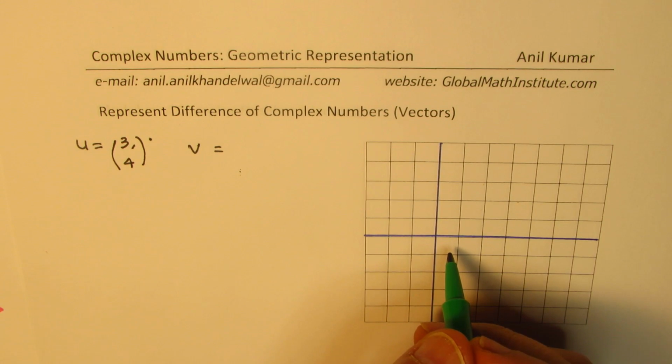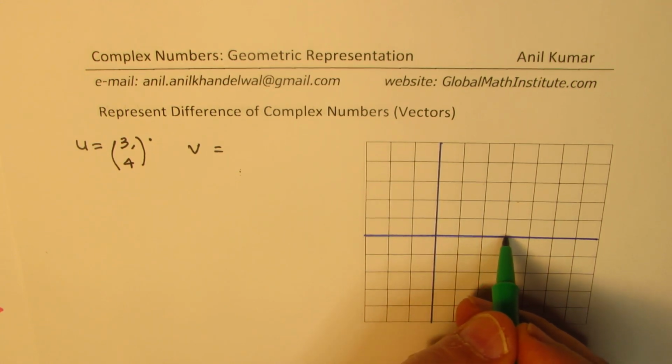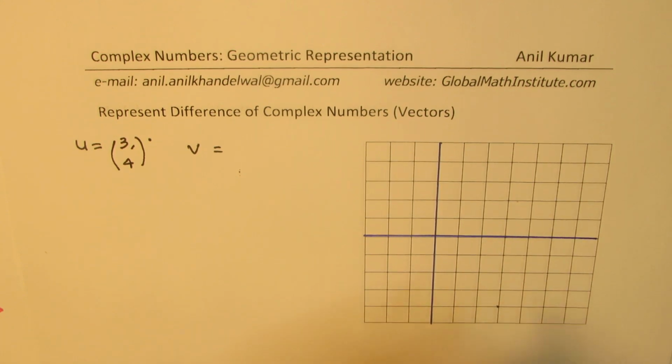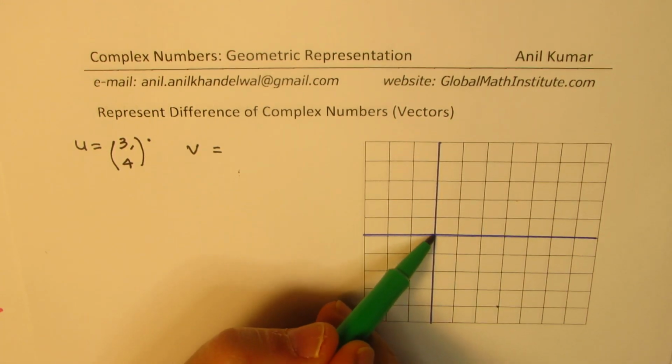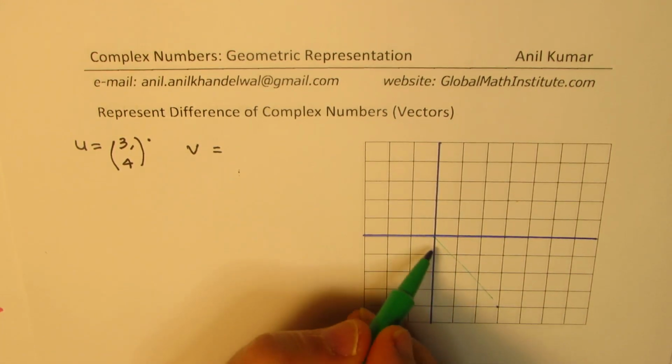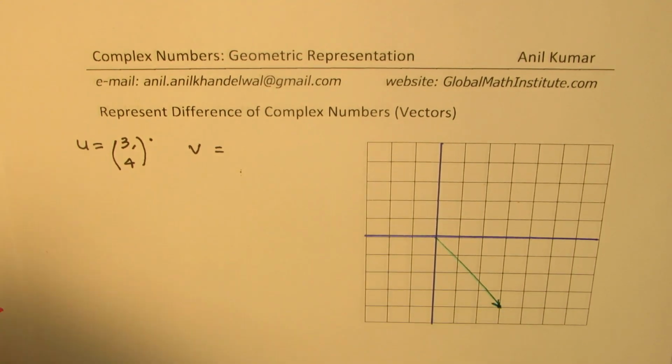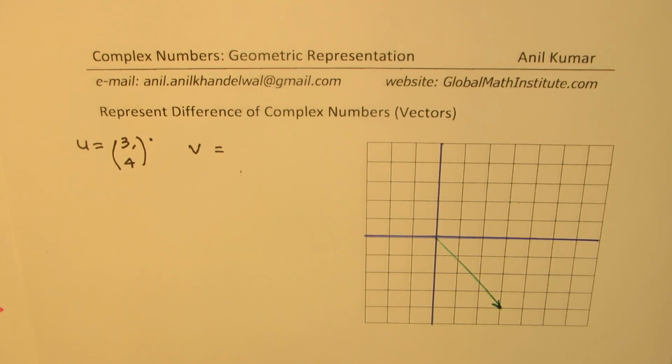So u is 3, 4 for us. So we have 1, 2, 3, and 4. 1, 2, 3, 4, right? So that becomes the vector u.